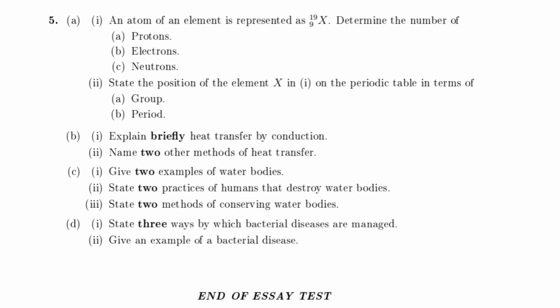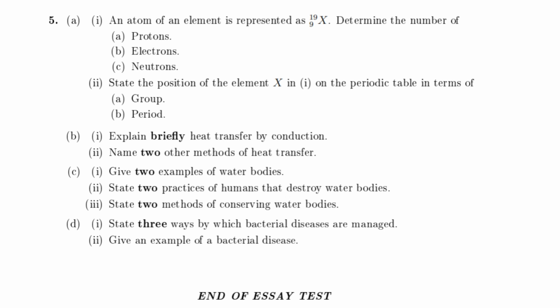II. Name other methods of heat transfer. C. I. Give two examples of water bodies. II. State two practices of humans that destroy water bodies. III. State two methods of conserving water bodies. D. I. State three ways by which bacterial diseases are managed. II. Give an example of a bacterial disease.